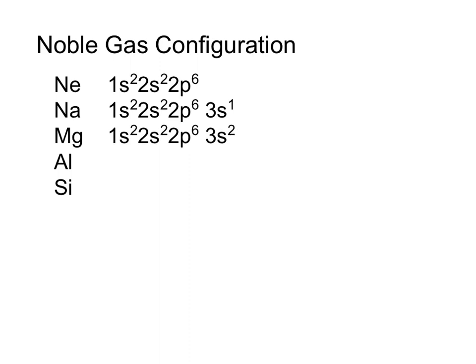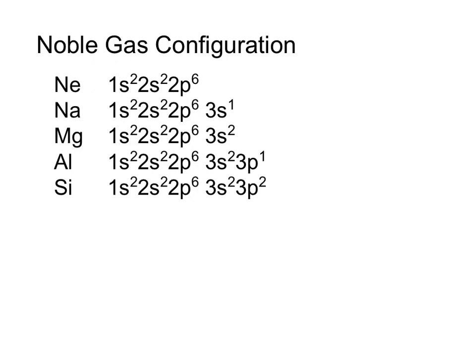Magnesium, 1s2, 2s2, 2p6, 3s2. Aluminum, 1s2, 2s2, 2p6, 3s2, 3p1. And silicon, 1s2, 2s2, 2p6, 3s2, 3p2.